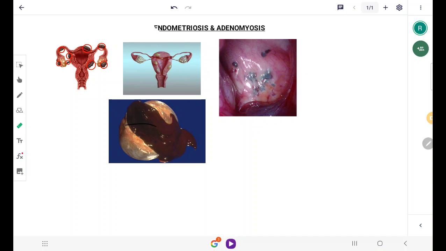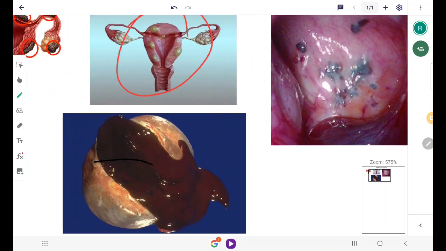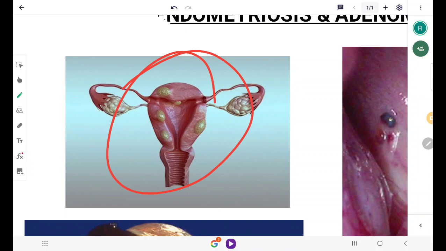As we know, the uterus has 3 layers: perimetrium, myometrium, and endometrium. So adenomyosis is a case where the endometrium grows into the myometrium of the uterus. So this is a typical picture presentation of adenomyosis.